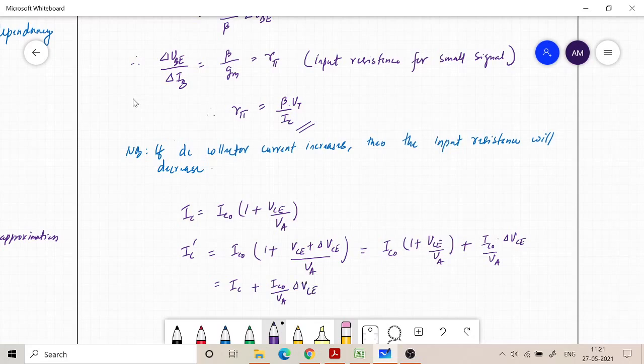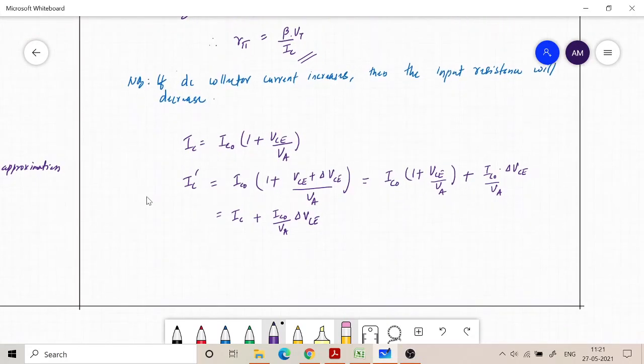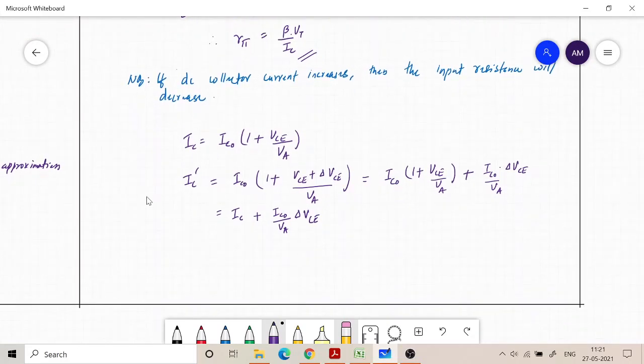Now I take IC to the other side, so I get IC dash minus IC, which I call delta IC, the change in the collector current. That is equal to IC0 by VA into delta VCE.